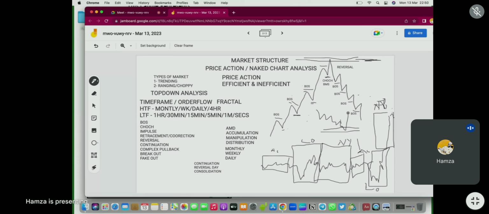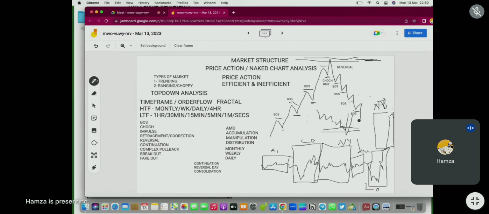There are times that the POI will fail and price would break through that POI. So we call it breakout. And there are times that price would make a fakeout around the POI. It would give us an impression that the POI wants to fail, but in fact, it's just a lie. And the POI will hold again, and then boom, it will continue. So breakout and fakeout.